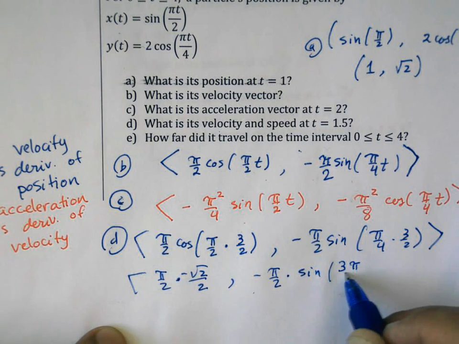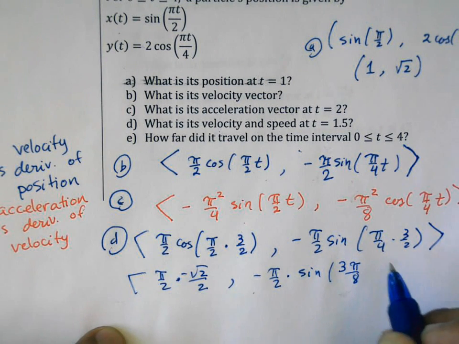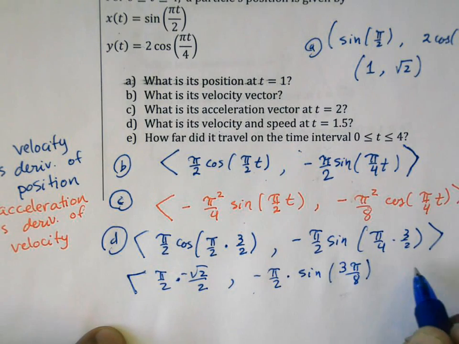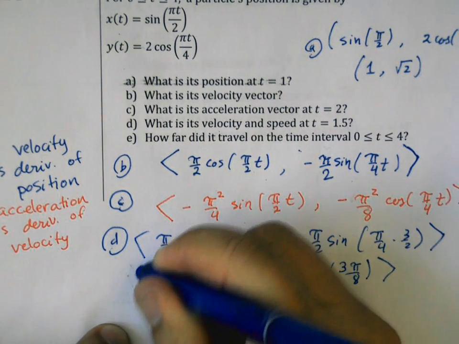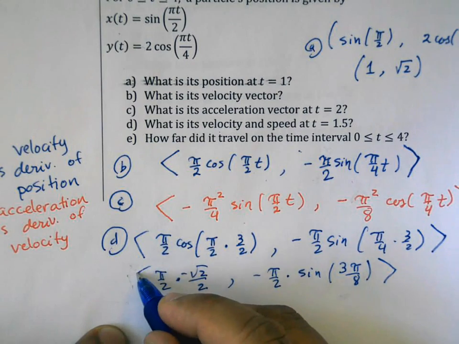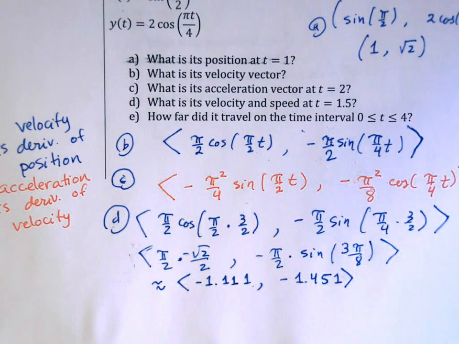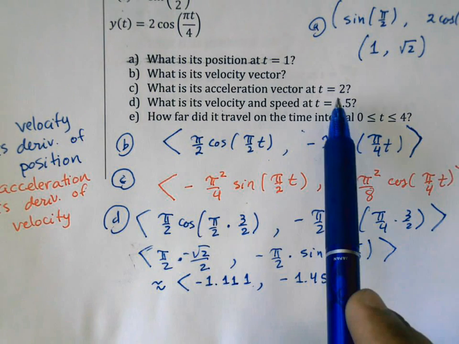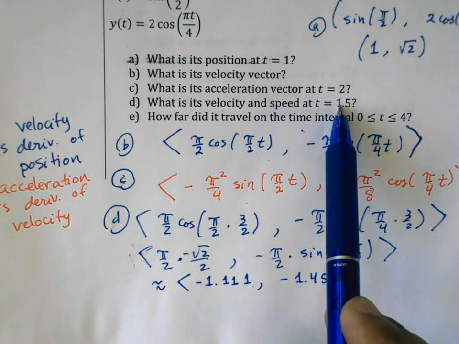Now there are some trig identities that we could use to find the exact answer, but that's really not the focus of this video, so I'll just leave it like that, and then I will give you the decimal approximation using your calculator. So negative 1.111 and negative 1.451 makes up the velocity vector for this particle at time t equals 1.5.